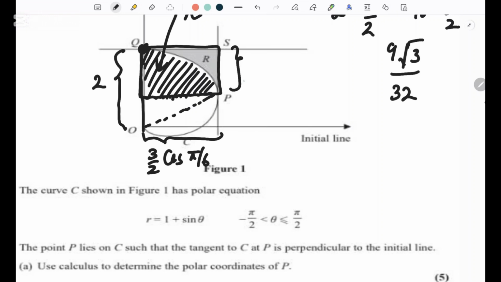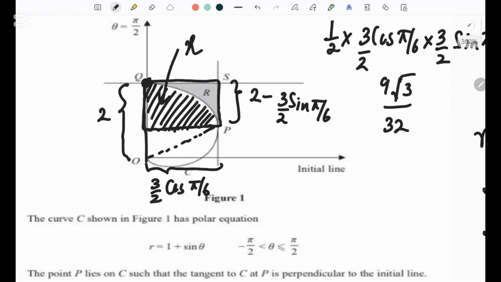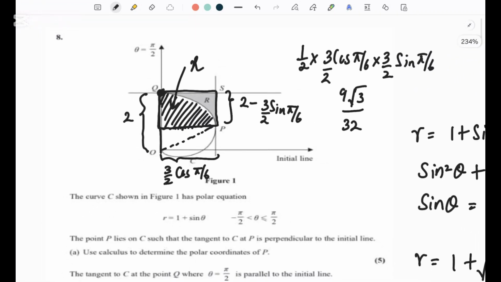How do you find this distance? That is 2 minus 3 over 2 sine pi over 6. Using these, we can find the area of the rectangle.